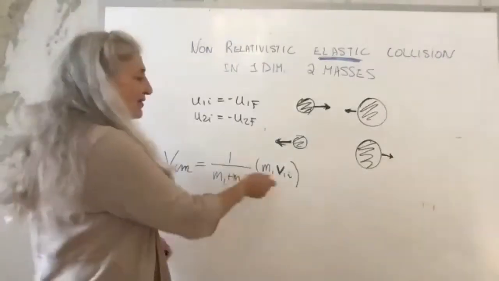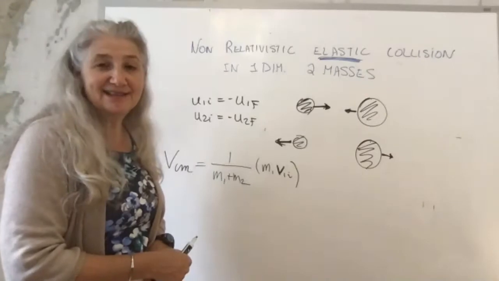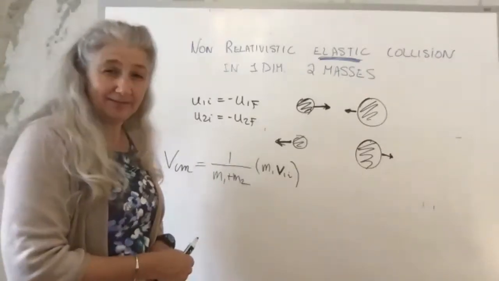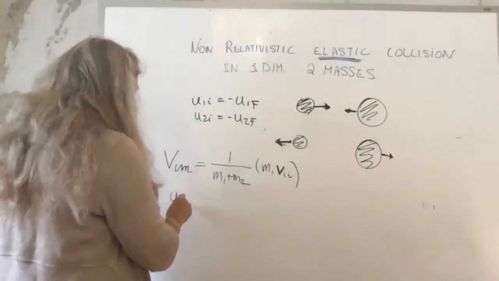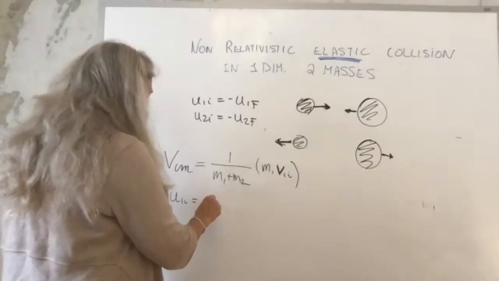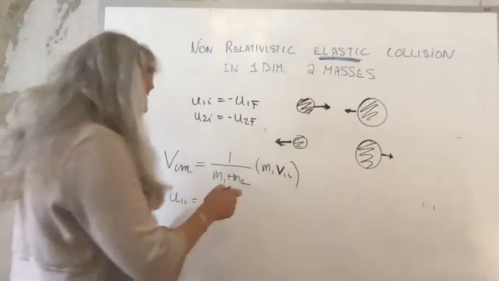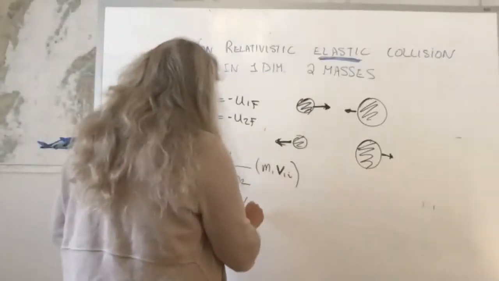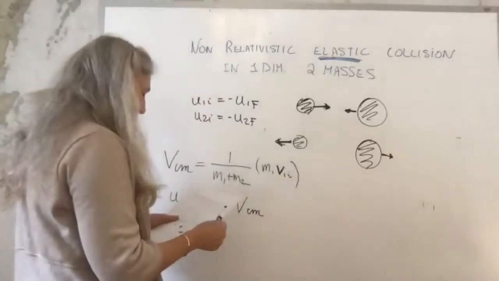So now that I know the center of mass velocity, I could figure out what the velocities are in the center of mass frame. So let me show you how to do that. So u, which is the velocity in the center of mass frame, is the velocity in the lab frame minus the center of mass velocity. So I just computed the center of mass velocity.